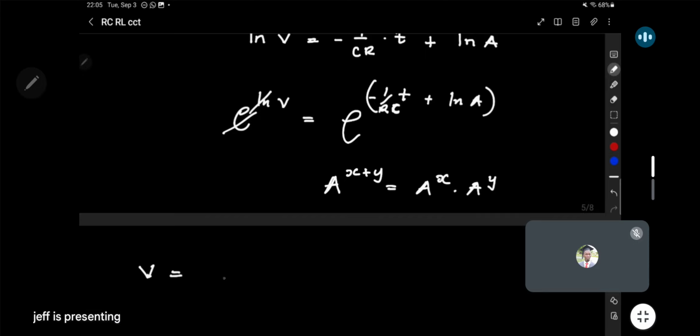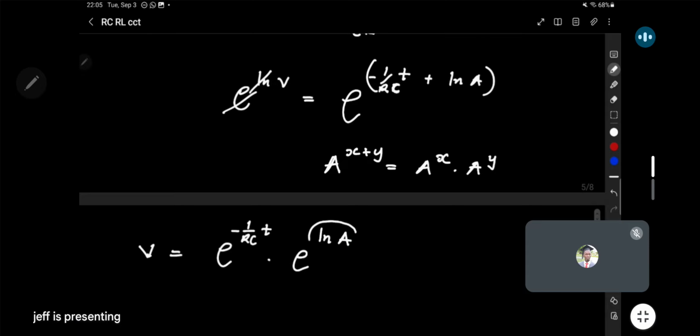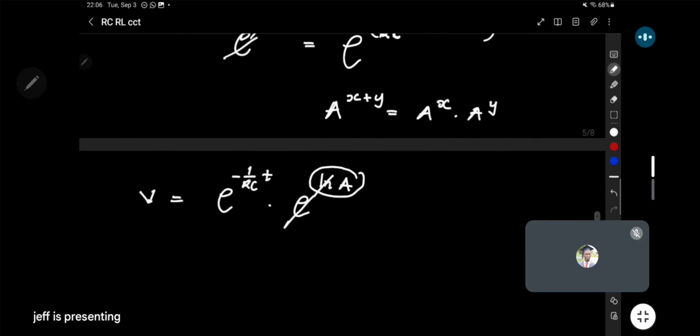So I can look at the right side as e to the power -1 over RC times t, multiplying e to the power ln A. This is why we chose the constant to be a ln expression, so that when you reach this stage, you can easily say the exponent and the ln will cancel. So now we have V is equal to that constant A, then e to the -1 over RC times t.